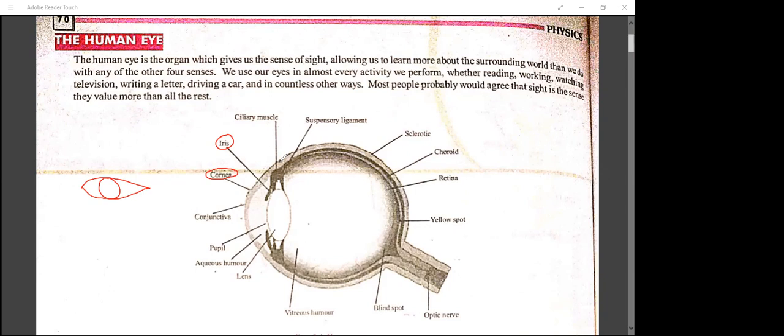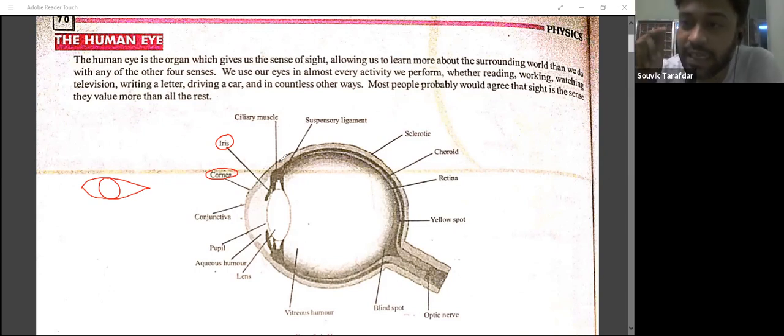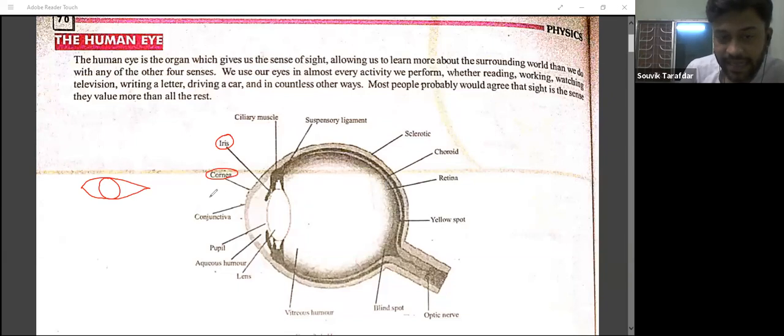Similarly, in the case of the iris also the same thing happens. If light is entering through the cornea, in the place of the iris, light will not be able to enter. Only the light that enters here will be able to go inside the eye. I will come to that after this.